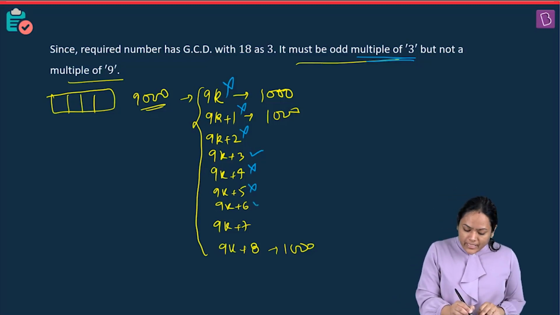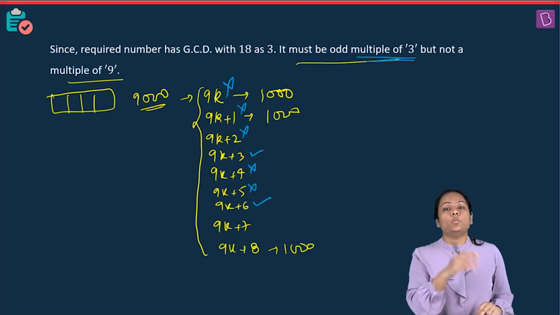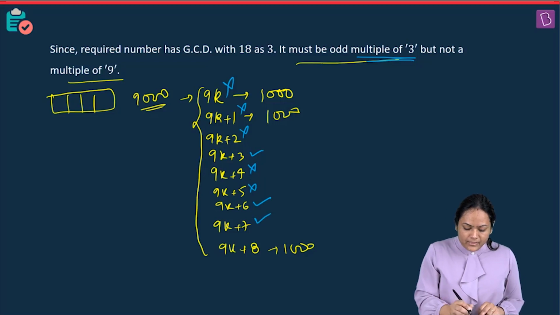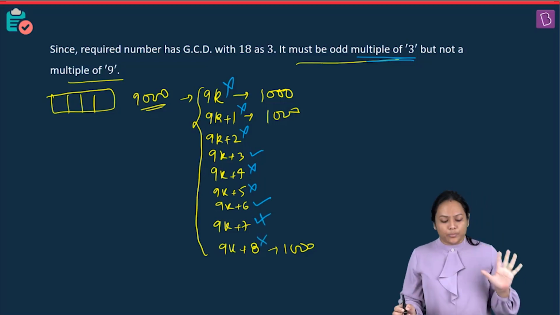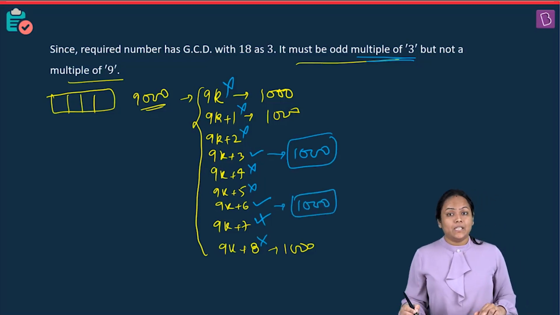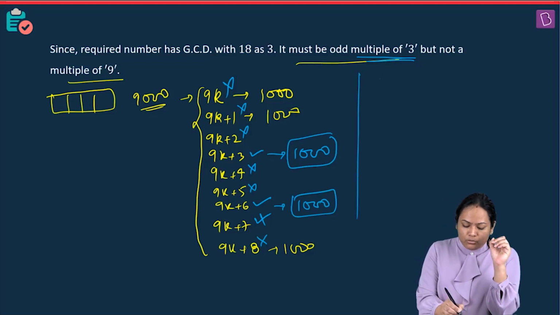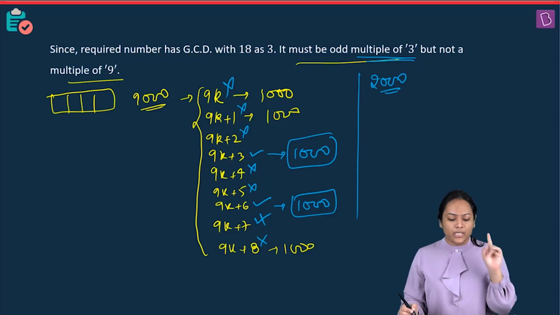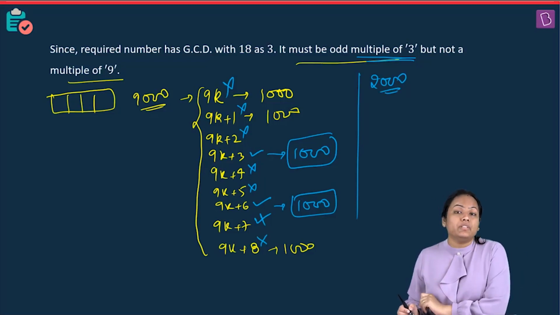Then I have 9k plus 6 again, which will be a multiple of 3. Then 9k plus 7 and 9k plus 8 are not possible. That gives me 1000 numbers of the form 9k plus 3 and 1000 numbers of the form 9k plus 6. In total, 2000 numbers which are a multiple of 3 but not a multiple of 9.